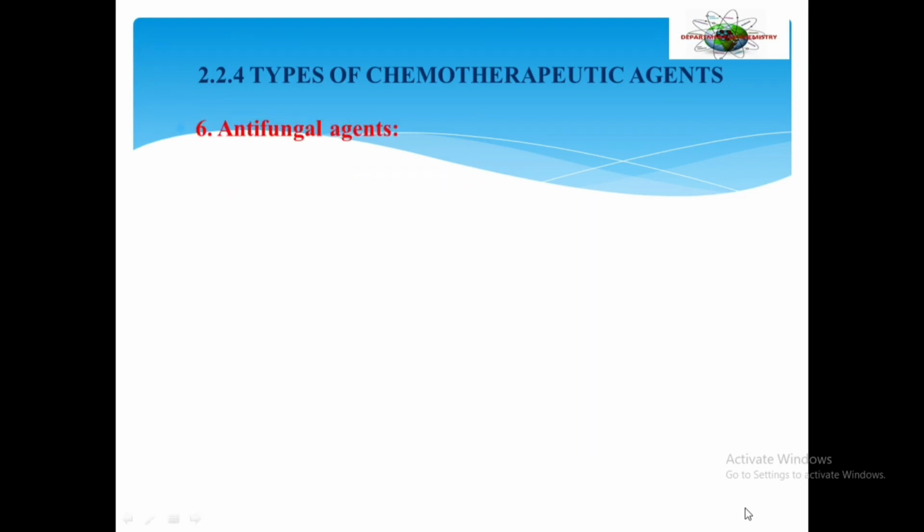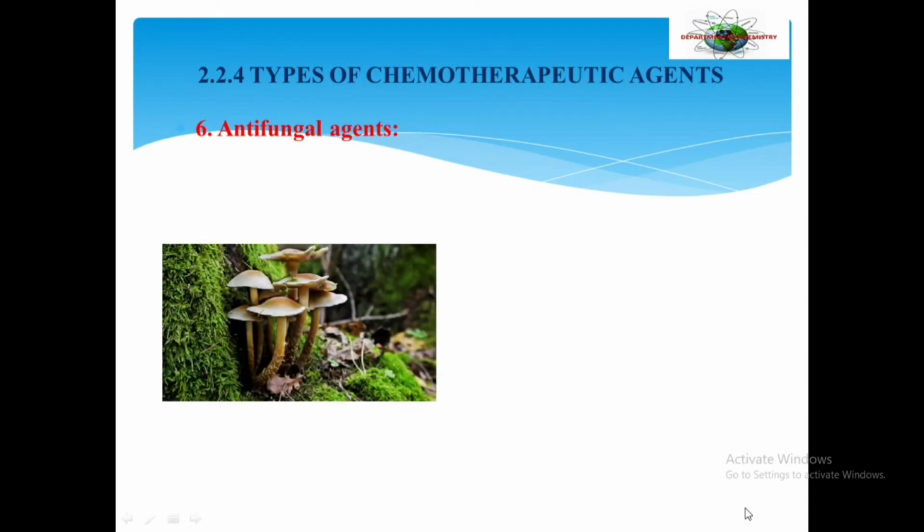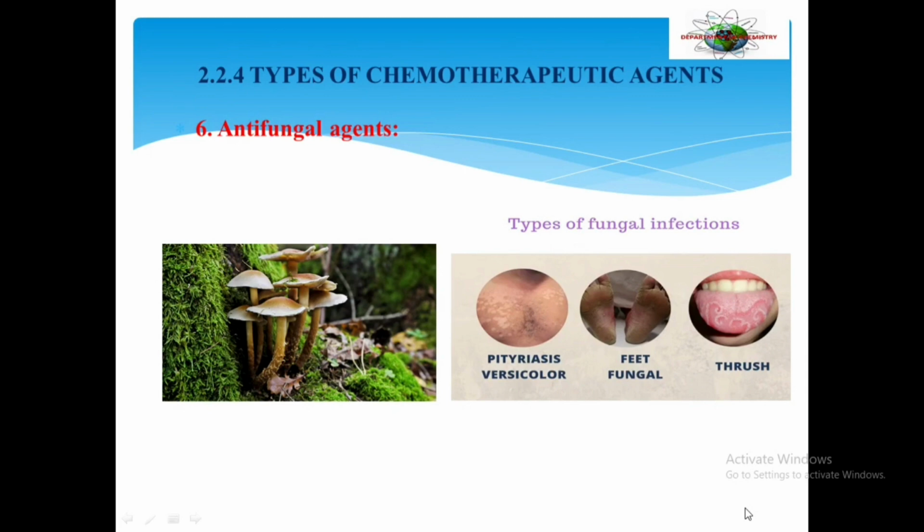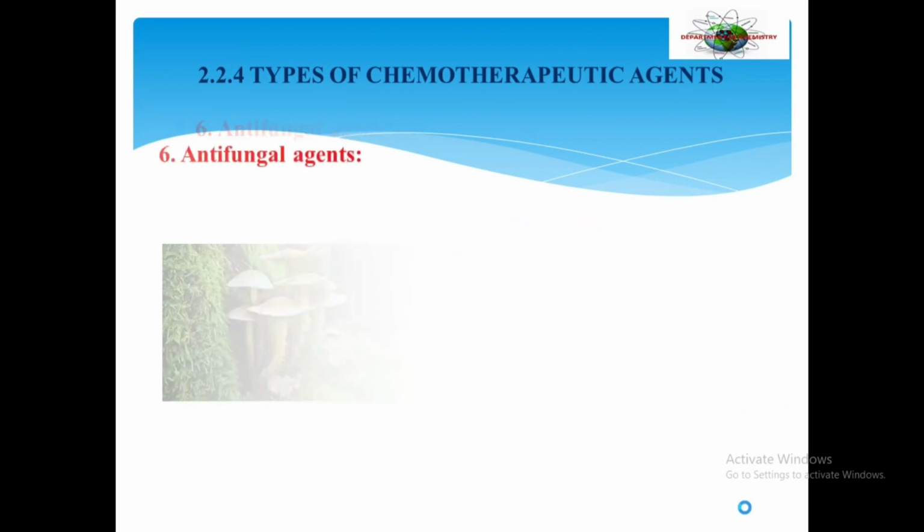The next chemotherapeutic agents are antifungal agents. Before going to the antifungal agents, mushrooms are fungi. Pityriasis versicolor, athlete's foot, and thrush are different types of fungal infections caused by different fungi in humans.